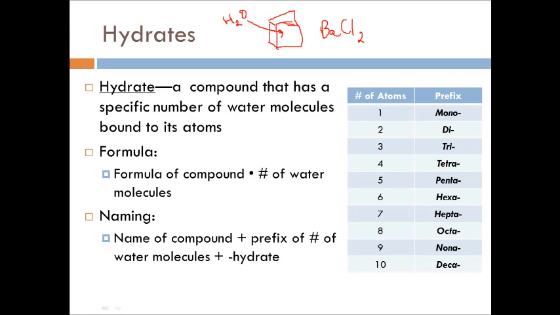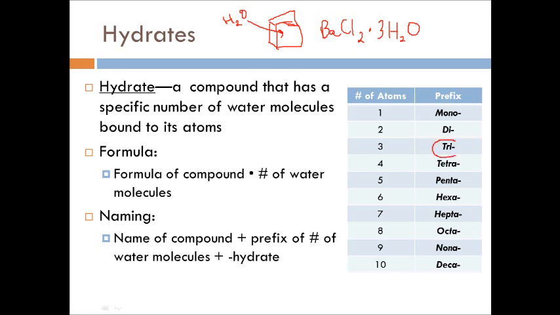The way that you write this, let's say that we have 3 waters per every molecule. It's going to be the compound, which is barium chloride, times however many water molecules you have. In this case, we have 3. So to name this compound, we name barium chloride, which we've already said, and then we use one of these prefixes.